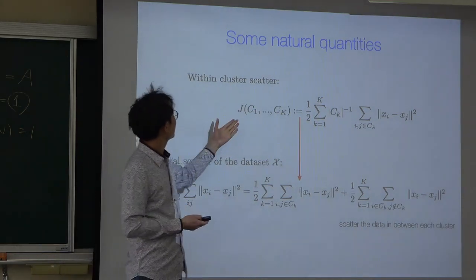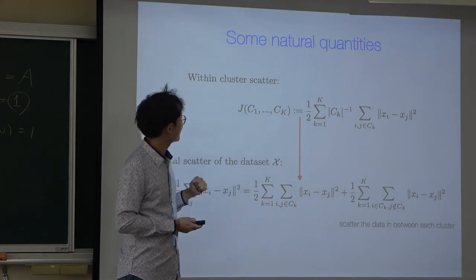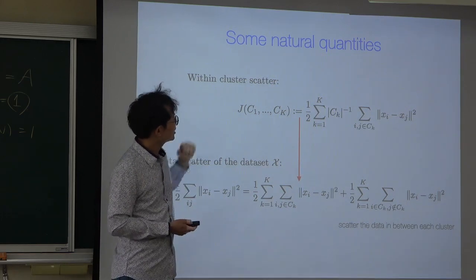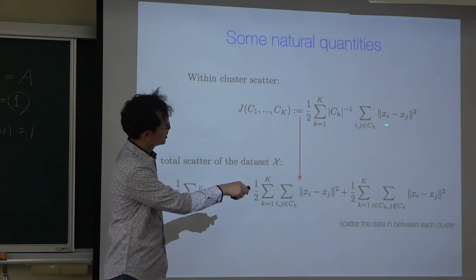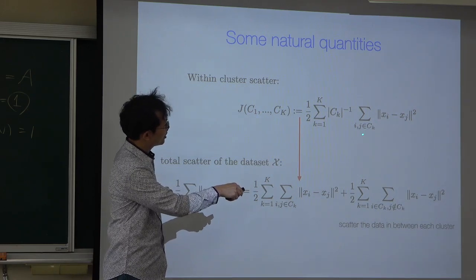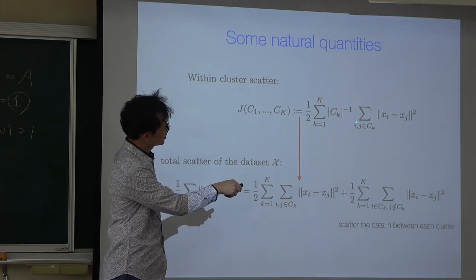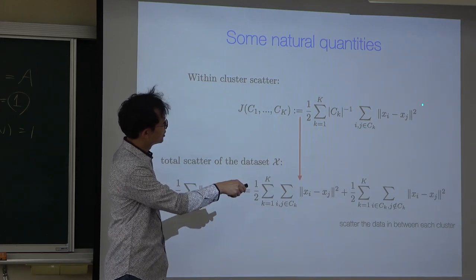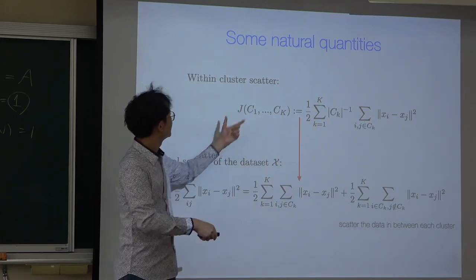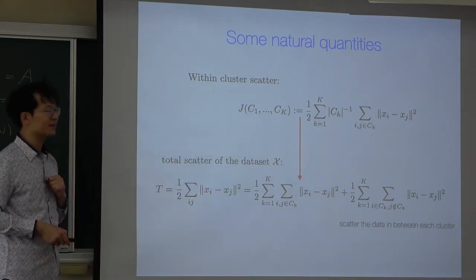You can define some kind of within cluster scatter, and this scatter is defined using, for example, the L2 distance as the metric. You compare all pairwise distances within a cluster, and you take the mean, and you sum everything. That is called the within cluster scatter.